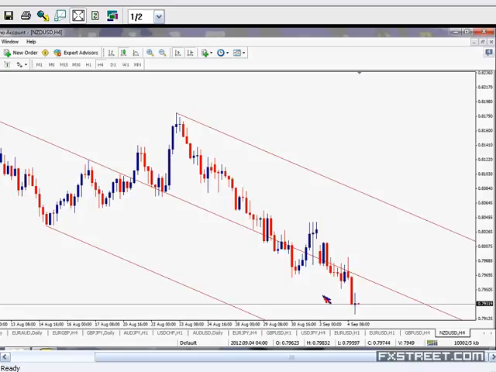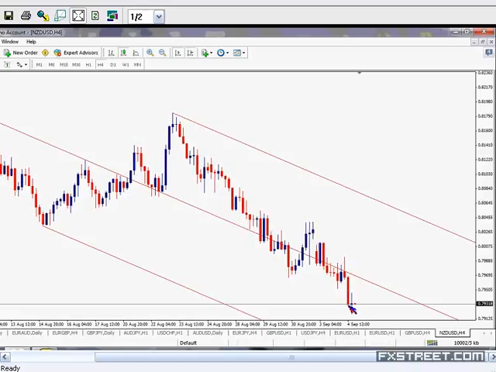Anyway, if this particular pair for any reason starts pulling back higher, approaching the 80-40, 80-20 area right now, that would be understood as a selling opportunity, right? The dominant trend remains in place as long as the channel stands, and it will prove me wrong only if it breaks higher.